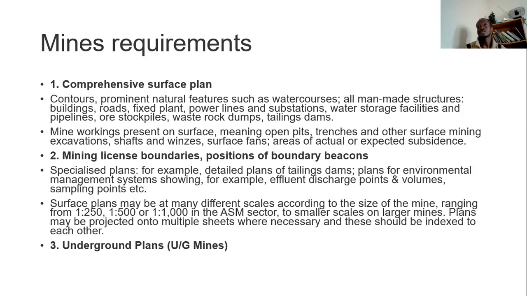Why we call it comprehensive surface plan? Sometimes I think we make learning very difficult for ourselves, because we don't look at it closely. Why? Because there is something else. The underground is there, so you can't just say plan. But you can actually get a planimetric representation of everything that's going on underground. So comprehensive surface plan, and that should include contours.